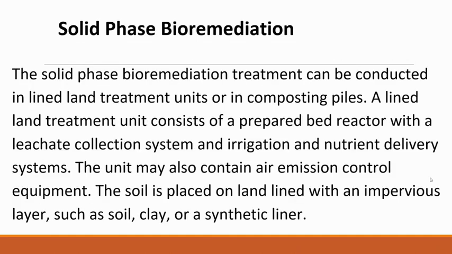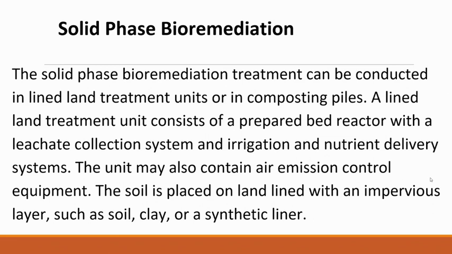Now, solid phase bioremediation, this time around, you're not adding any water. So we're saying solid bioremediation treatment can be conducted in a lined land treatment unit or in compost piles. The lined treatment unit consists of a prepared bed reactor with a leachate collecting system and irrigation and nutrient delivery system.